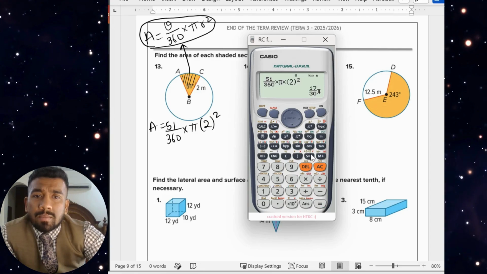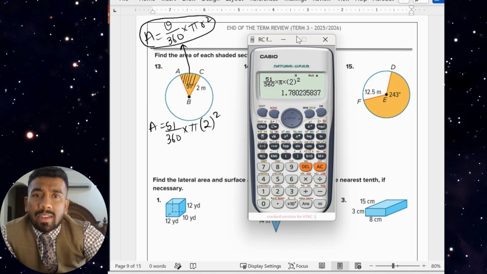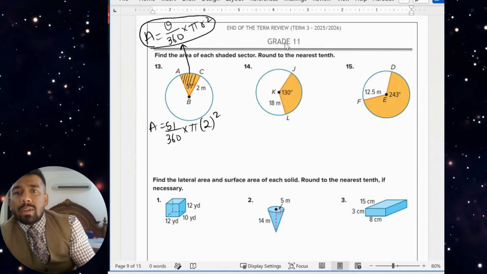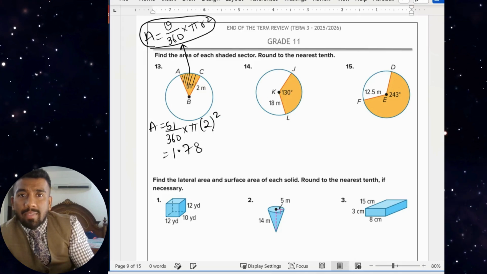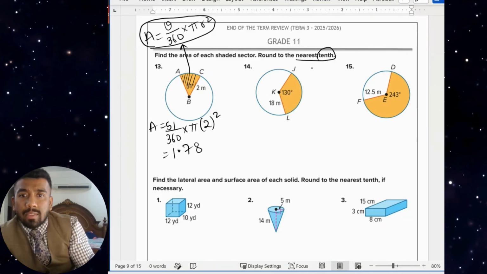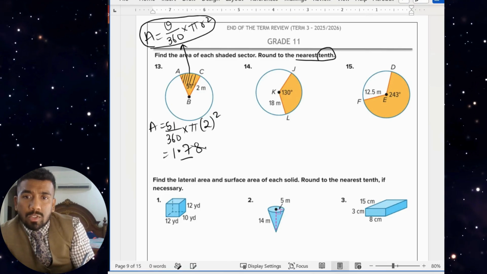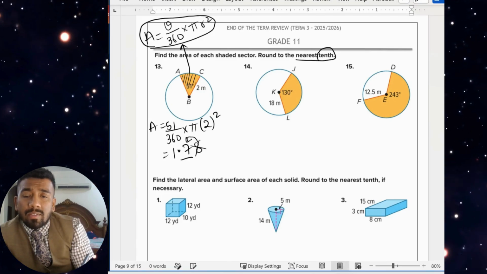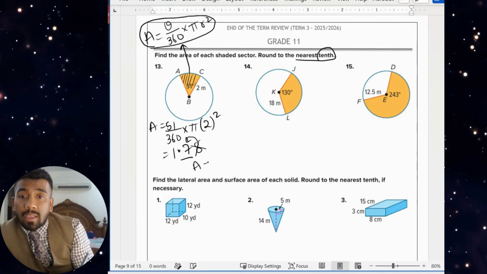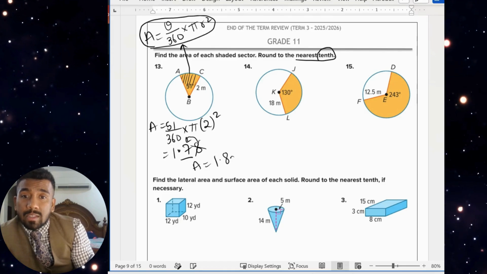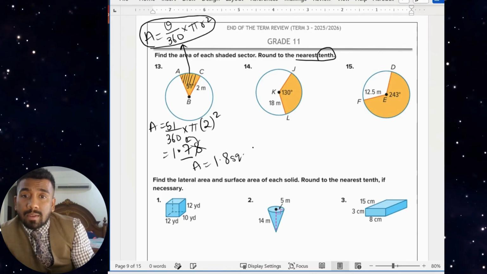So what's the answer? 1.78. But what we want is the nearest tenth. So after the point only one number. So we can round off this 8. We'll cancel it off. As this 8 is more than 5, the area will be 1.8 square meter. Okay.